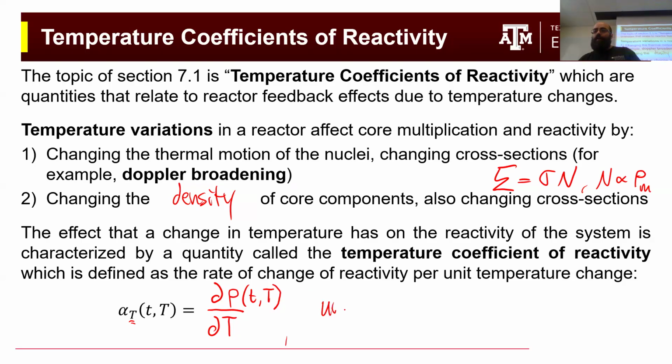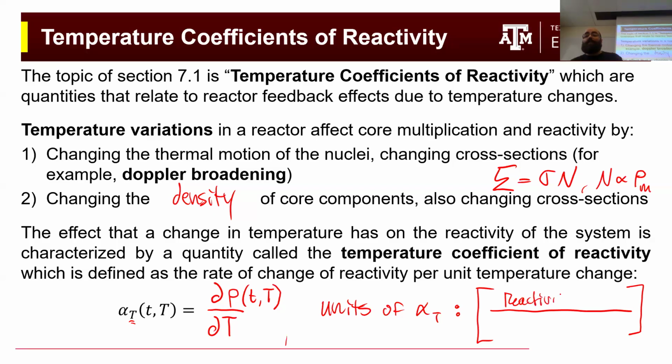What would the units of alpha T be? If alpha T is defined as a reactivity over a temperature change, what would the units of alpha T come out to? It's going to be some funny reactivity units, which could be nothing, or it could be PCM, it could be dollars, it could just be a decimal.